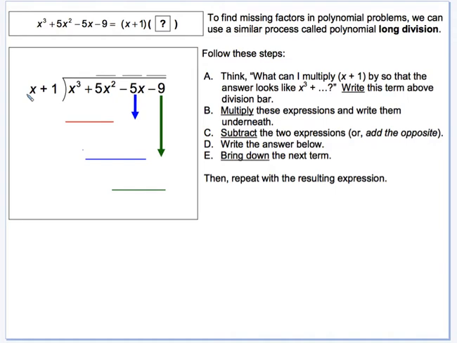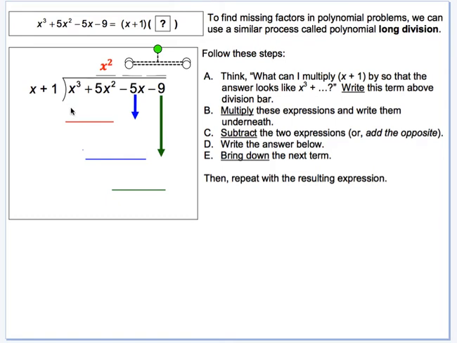Or in other words, what can you multiply x by to get x cubed? Well, if you multiply x by x squared, then you get x cubed, right?